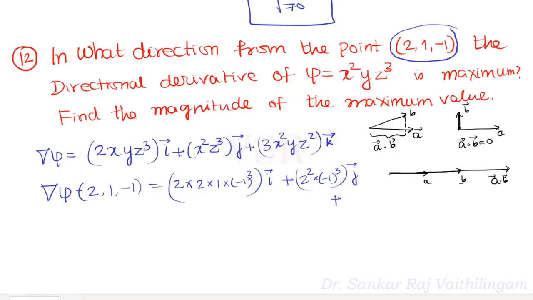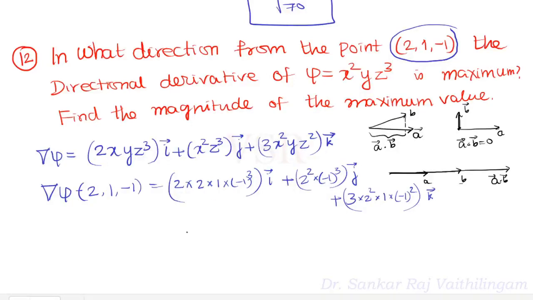Plus 3 into x replaced by 2, so 2 square, into y which is 1, into (-1) the whole power square, this into k vector.